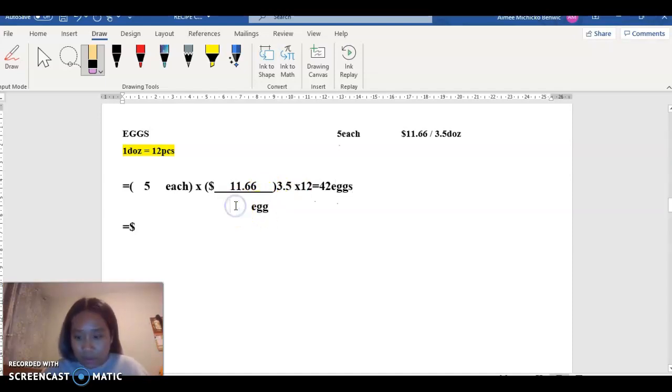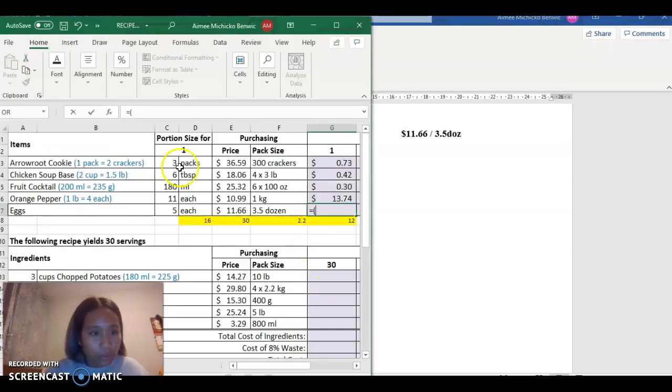So it's 42 eggs, and after computing all of it, that gives us $1.39 for our eggs. Then in Excel, 5 multiplied by the price $11.66 divided by 42 eggs, close bracket, that gives us $1.39, same as our computation.